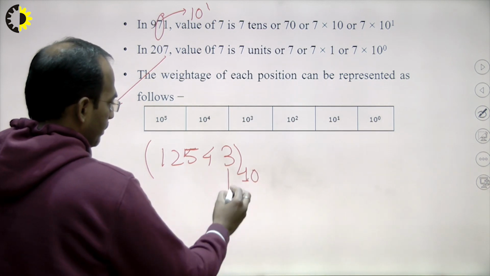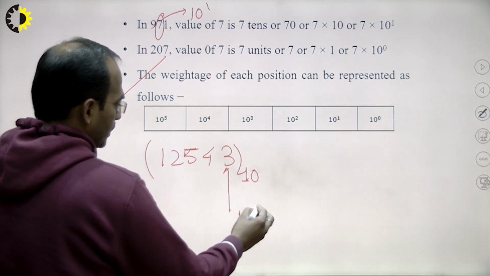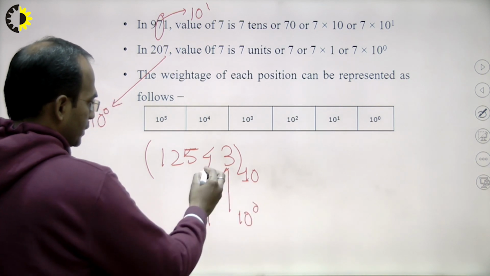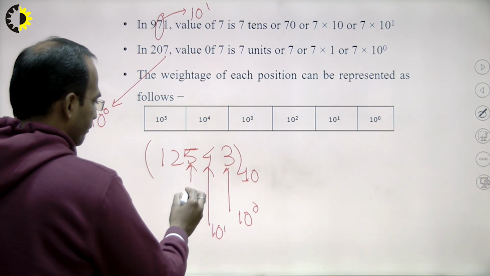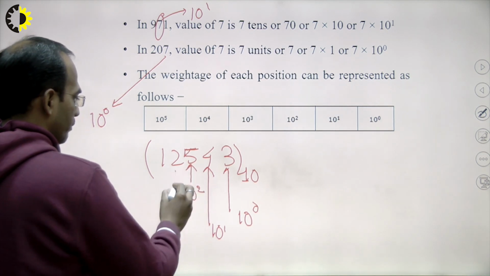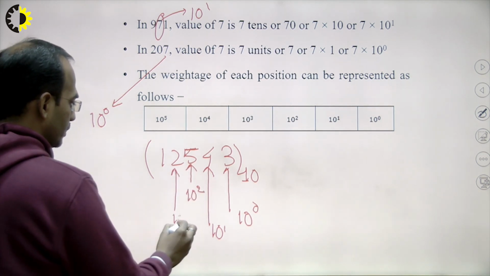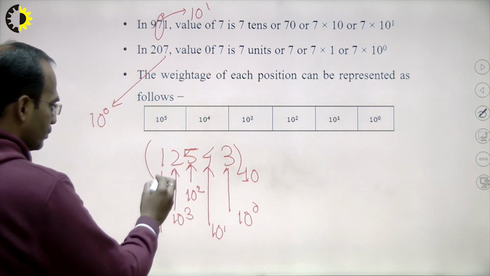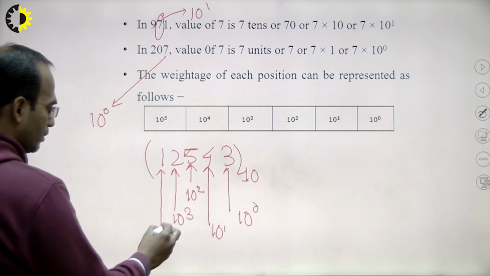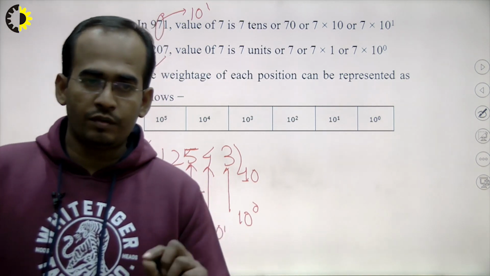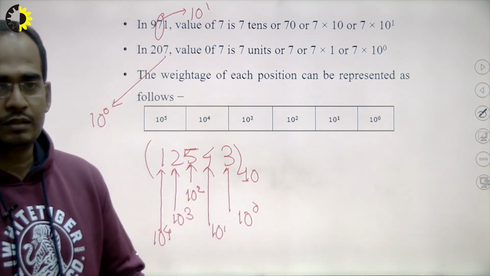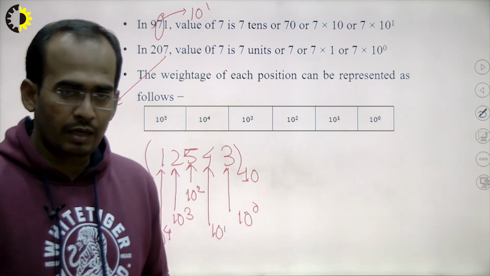The weight of this 3 will be 10 to the power 0. The weight of this 4 is 10 to the power 1. The weight of 5 is 10 to the power 2. The weight of 2 is 10 to the power 3. And the weight of this 1 is 10 to the power 4. In this way you can tell the position of a digit in the given number system.